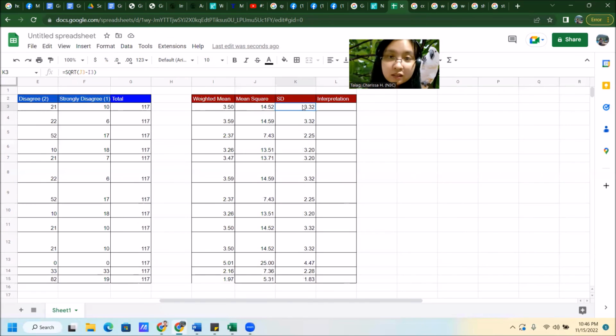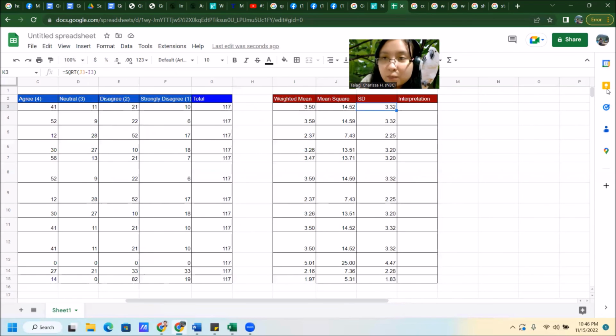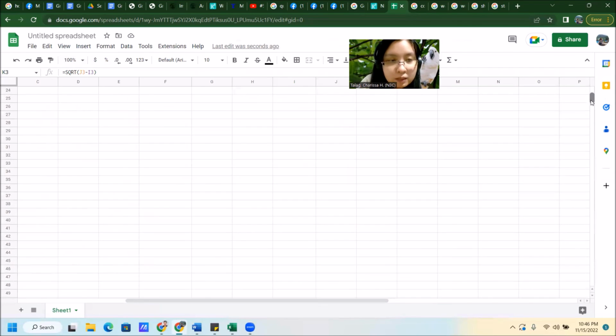Now, tignan natin, 3.32. So, let's get back to the range na sinasabi ko kanina na basis ng interpretation. So, 3.32, saan siya pasok?